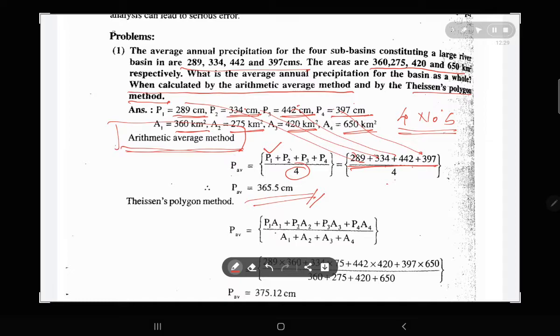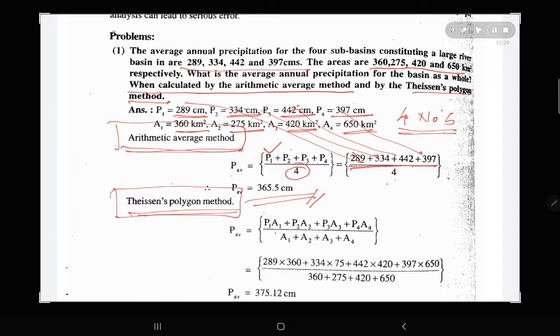We have another method, that is the Thiessen polygon method. In this, you know how to calculate the average rainfall of this Vijaypur city or any area using the Thiessen polygon method.